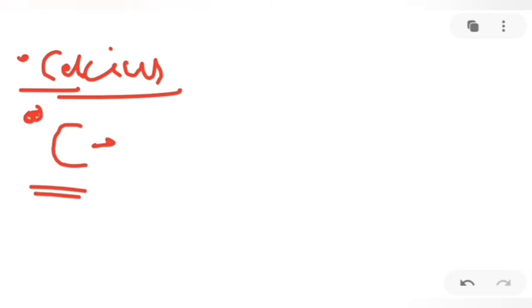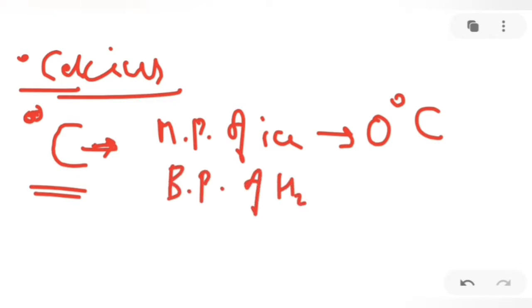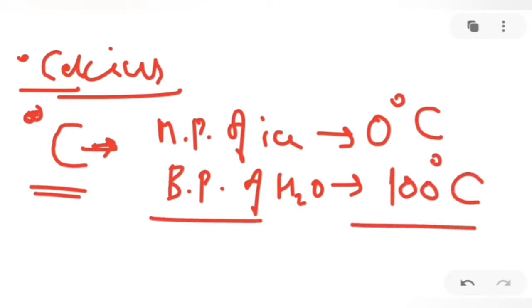On the Celsius scale, the melting point of ice is 0 degree Celsius and the boiling point of water is 100 degree Celsius. Only this much we have in degree Celsius.